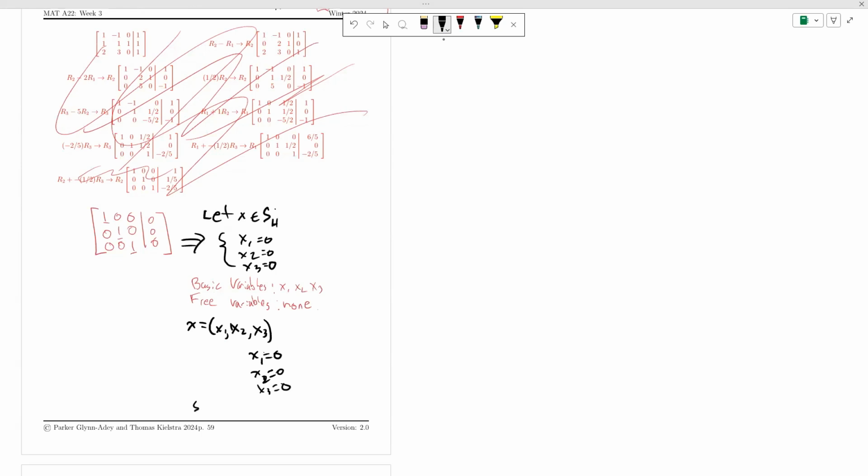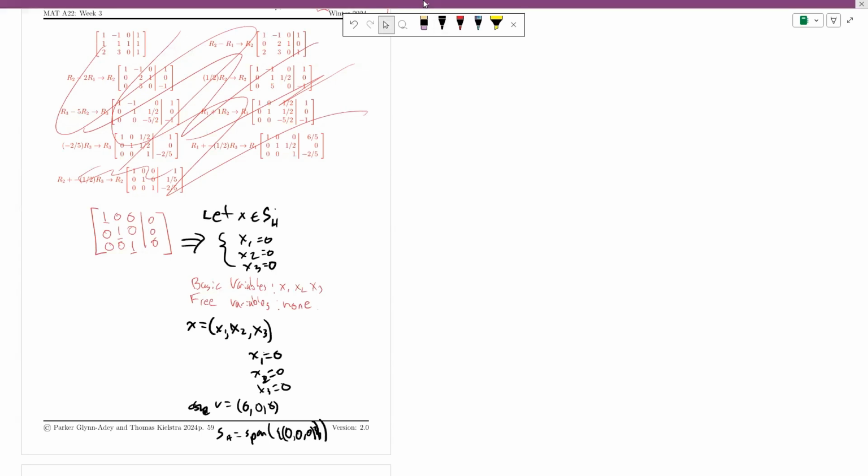This gives me that SH equals the span of the 0 vector. But now, what about my particular solution?